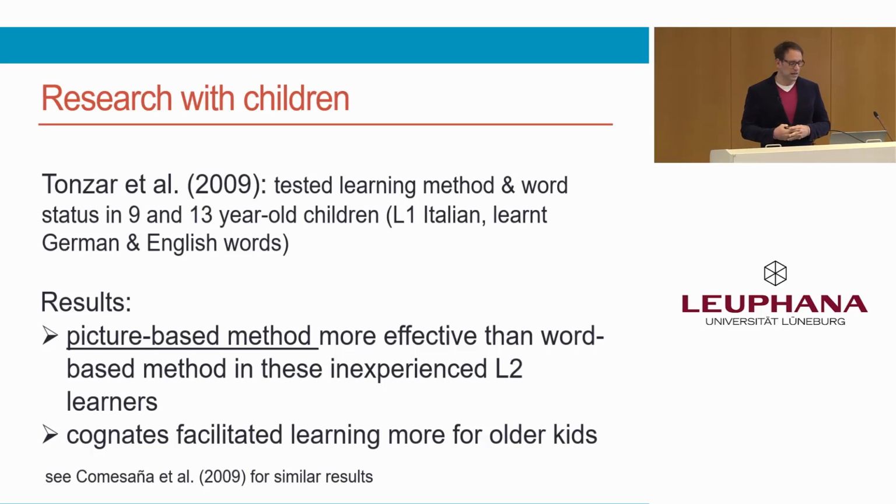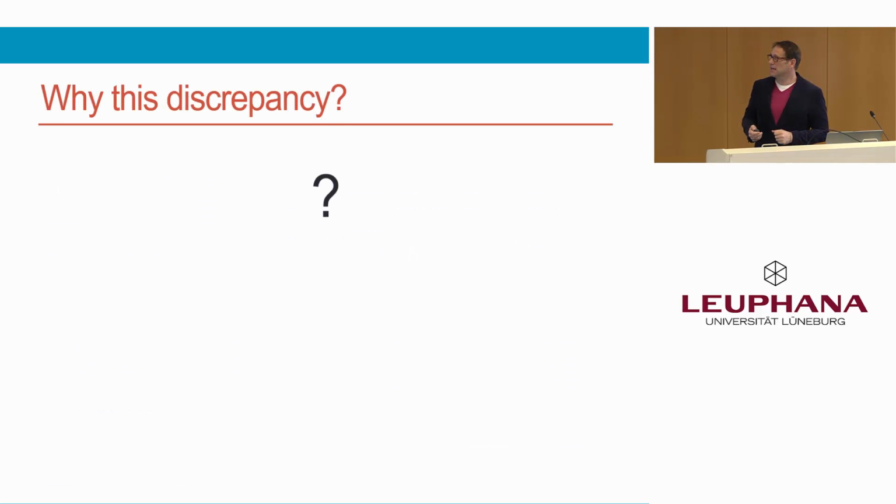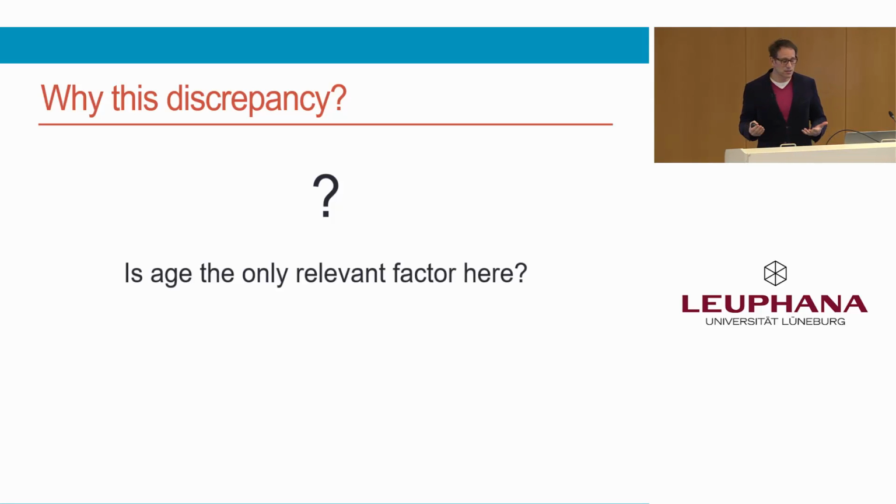Now, the question that I always have when I look at these two studies is, why is there a discrepancy in which method works better? So remember, we had Dutch university students who learned better with the words, and we have 9 to 13-year-old kids who learn better with pictures. Now, is age the only relevant factor here?